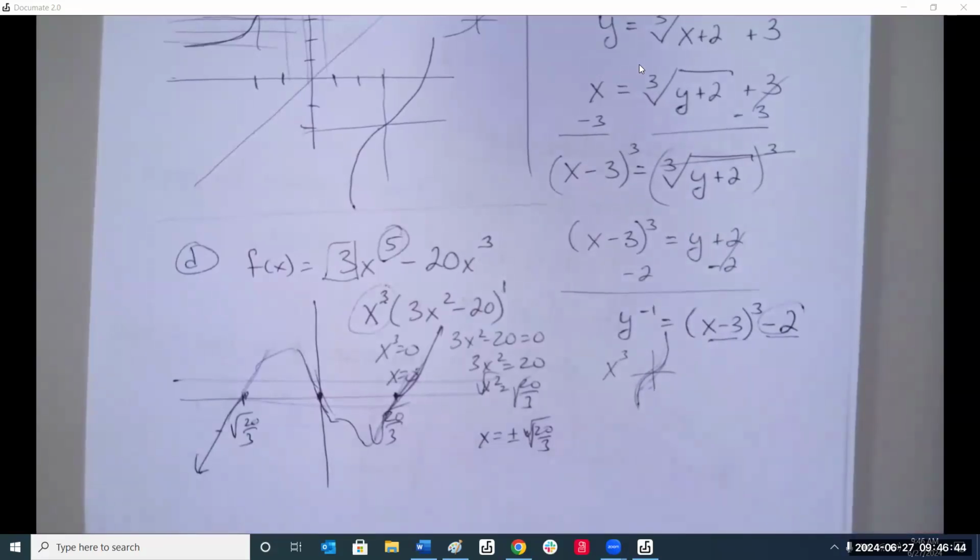Use the stuff that we've been taught already. We can factor this out, we got x cubed here, so set both factors equal to 0 and solve for x. Those are your x-intercepts. You know the y-intercept. You know the multiplicities. If it's odd, it crosses. If it's even, it bounces.